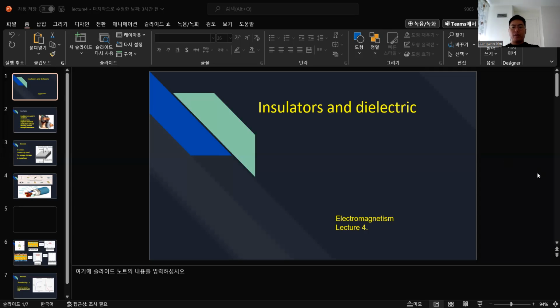So you guys know about insulators and dielectrics. Actually, you should know insulators well enough to explain them. You know this insulator, like you can imagine it prevents current.